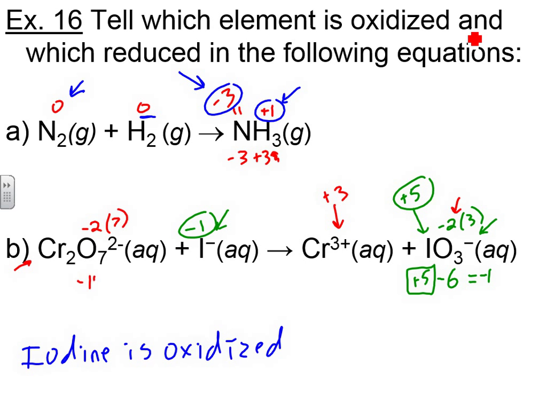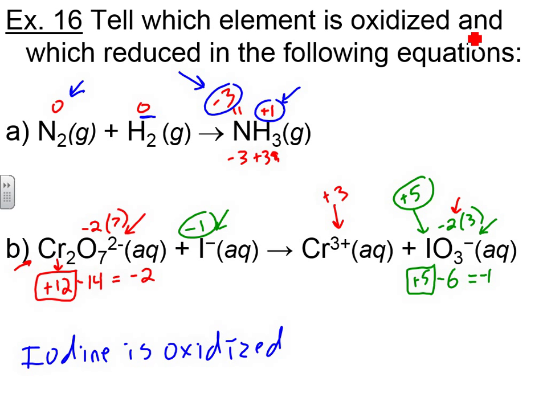Now dichromate has a charge of -2. So the whole thing must be -2. Now here we have 2 chromiums. The 2 chromiums have to have a charge that, combined with -14, gives you -2, and that must be +12. So both chromiums have a +12 charge put together. Now up above, we want the individual charge of every atom.